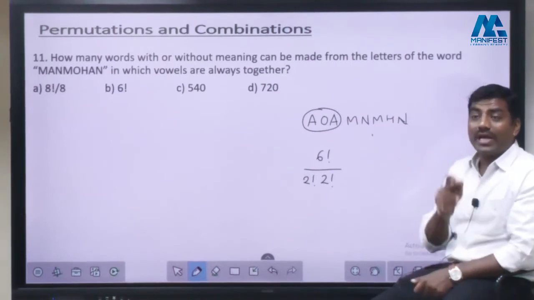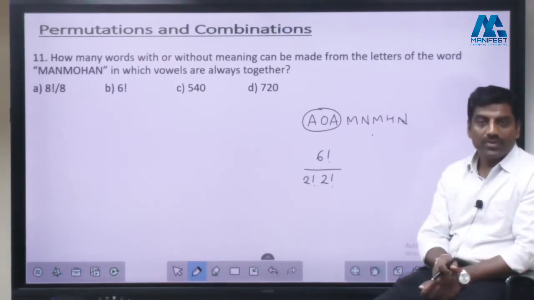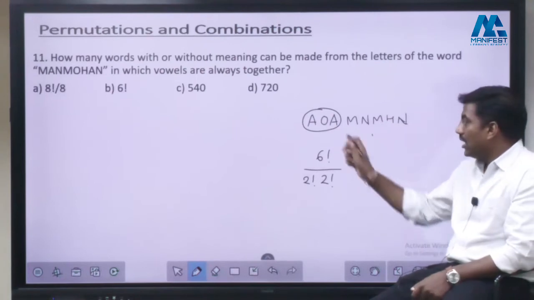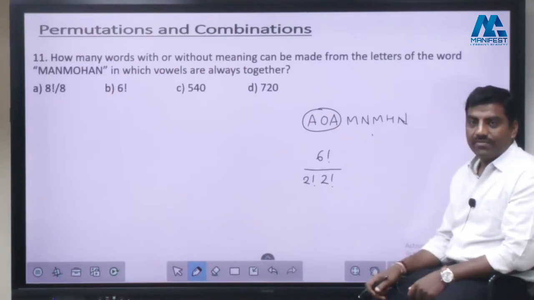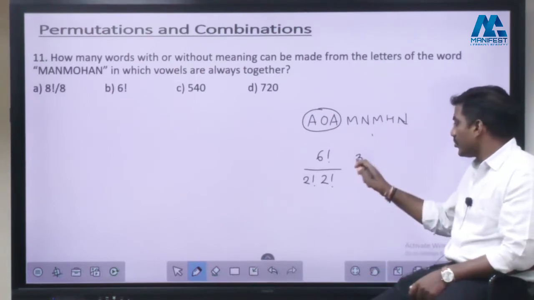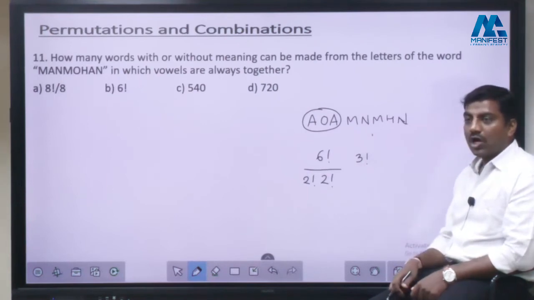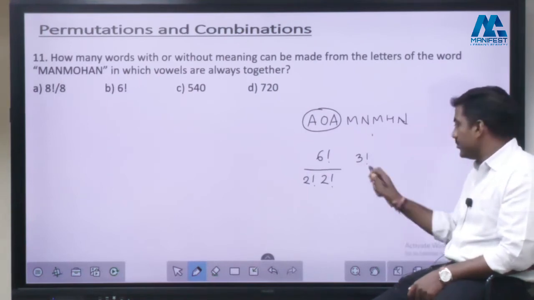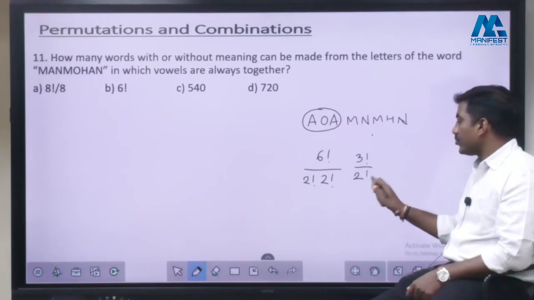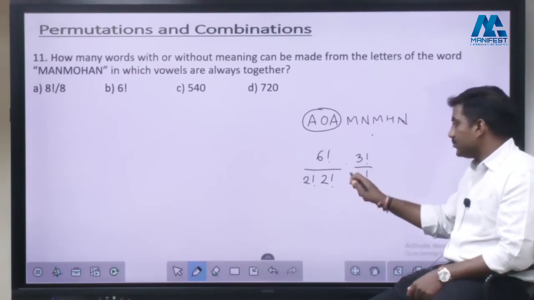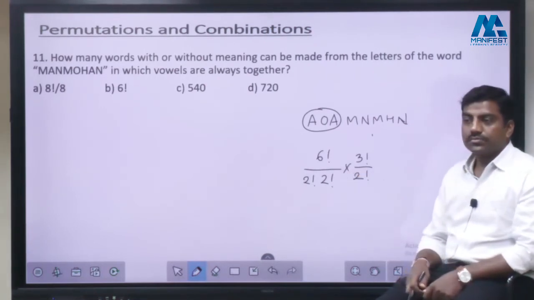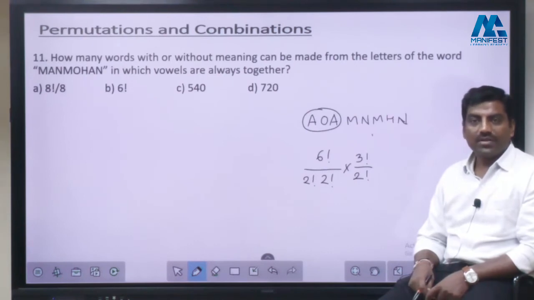This is done for the entire word. Now you go and look into that small group. Which is that group? AOA. So how many letters are there? How many repetitions in AOA? Okay.